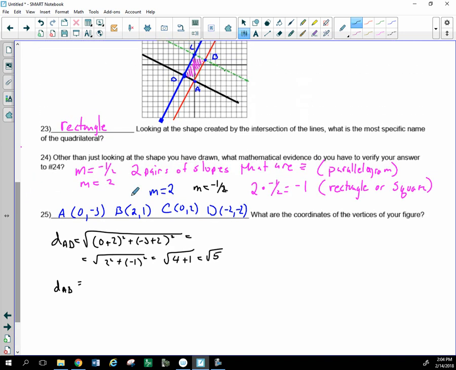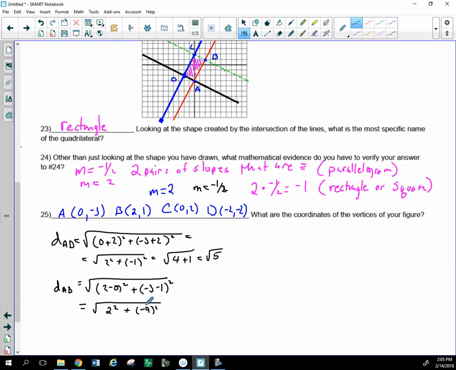If I want to find the length of AB, I'm going to do the same thing, except I'm going to use points A and B. So I'm going to say 2 take away 0 squared plus negative 3 minus 1 squared. If I simplify inside the parentheses, I'm left with 2 squared, and on the other side I'm left with negative 4 squared.